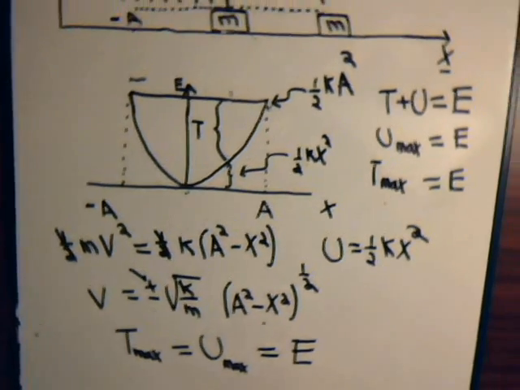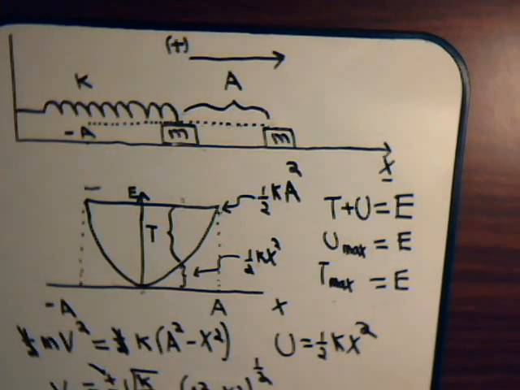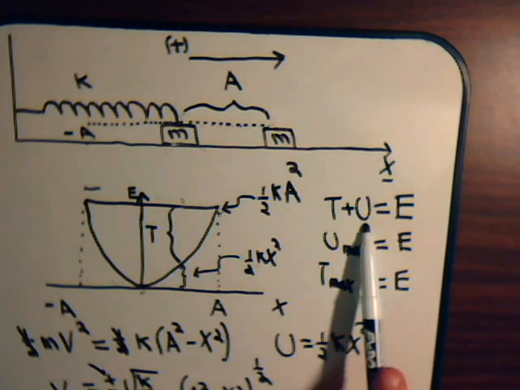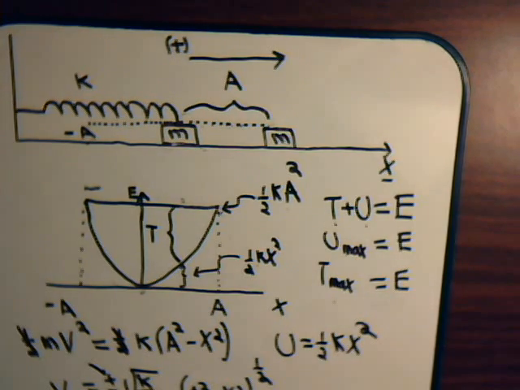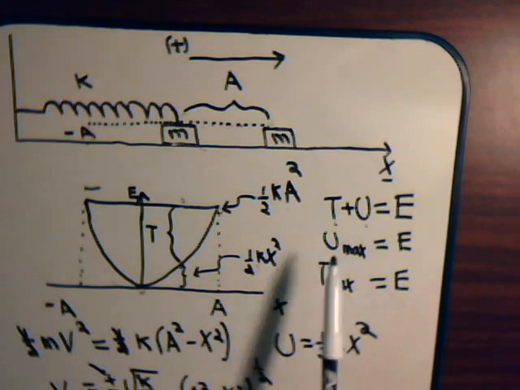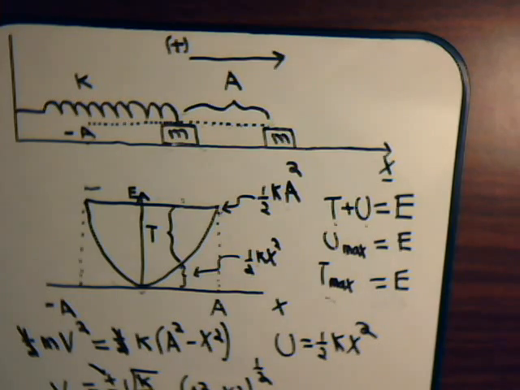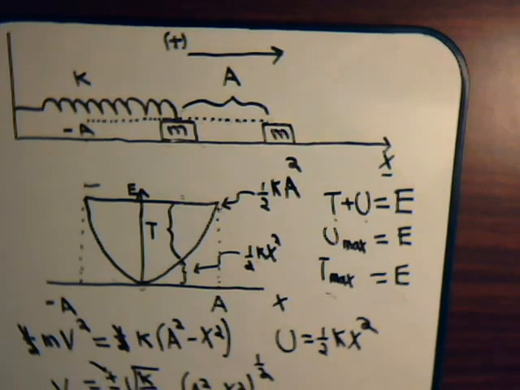Because here, when we have our maximum value for the potential energy, K is 0. When we have our maximum value for the kinetic energy at this point, then U is 0. So the maximum kinetic energy is equal to the total energy. Likewise, the maximum potential energy is equal to the total energy.